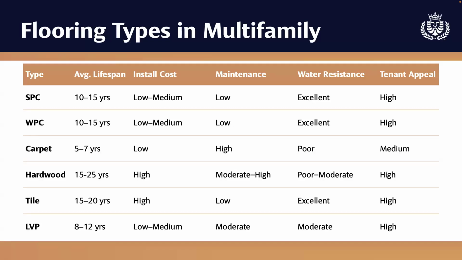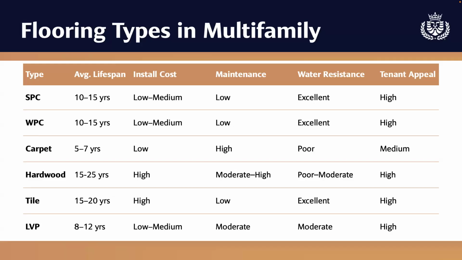WPC also has a 10 to 15 year average lifespan, low install cost, very low maintenance, water resistance, and again, very high tenant appeal. Carpet, on the other hand, has a much shorter lifespan, maybe half. Install cost is low, but maintenance is very high. Poor water resistance.